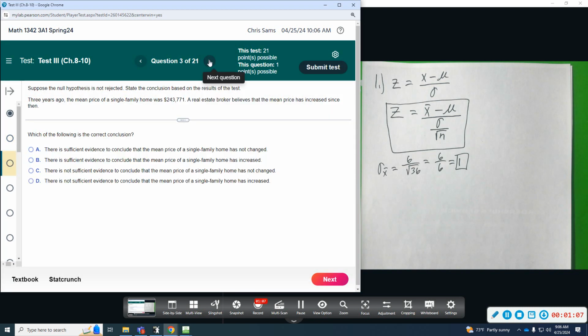Okay, so going on to number 3. This one says, suppose the null hypothesis is not rejected. State the conclusion based on the results of the test.